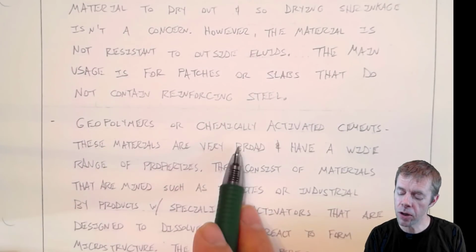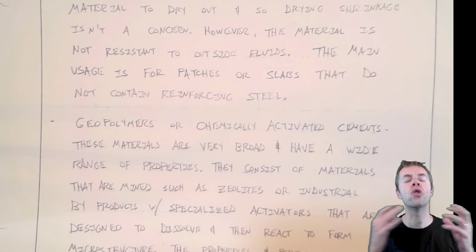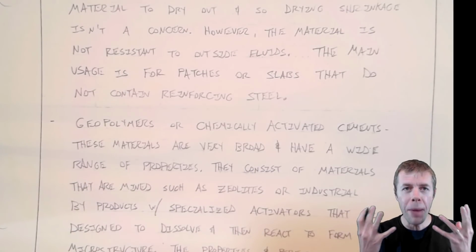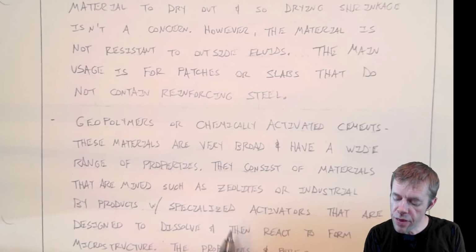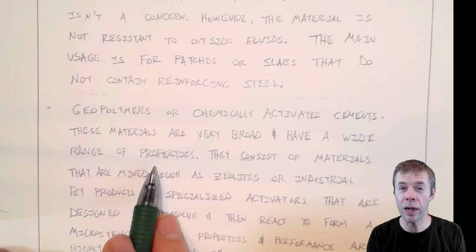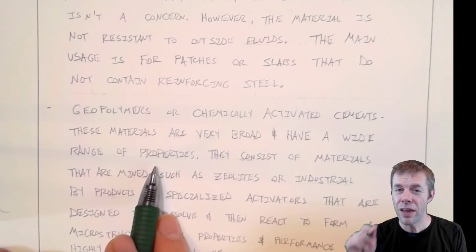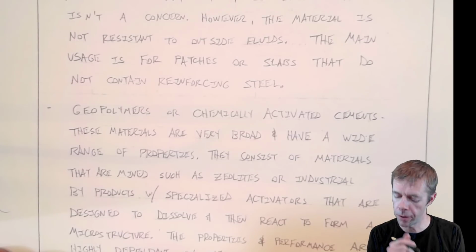There's another one. Geopolymers are chemically activated cements, and this is a huge family, a huge umbrella. There are so many things that can fit into this. But they're broad, and they have a wide range of properties. If someone says, I've got a great geopolymer, you need to realize that it's highly dependent on what they're using to make it.